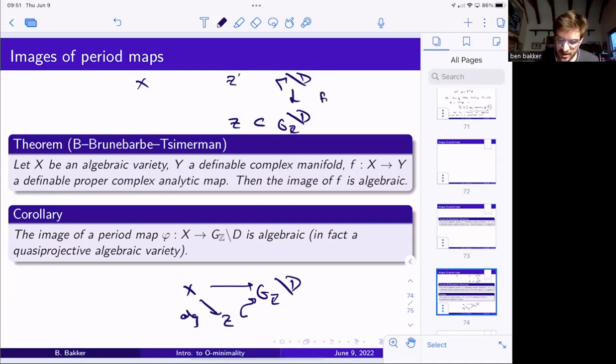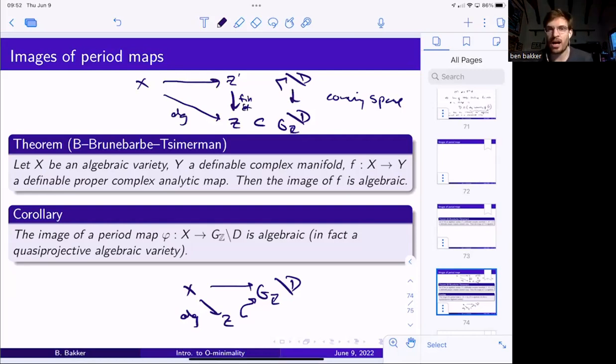Well, this is not a finite map, it's a covering space. But we know that this map is algebraic, and therefore this is a finite étale map. So the difference between Z prime and Z is that we're possibly going up by some cover. There's not so much difference between the image of X in D mod gamma and the image of X in D mod GZ.